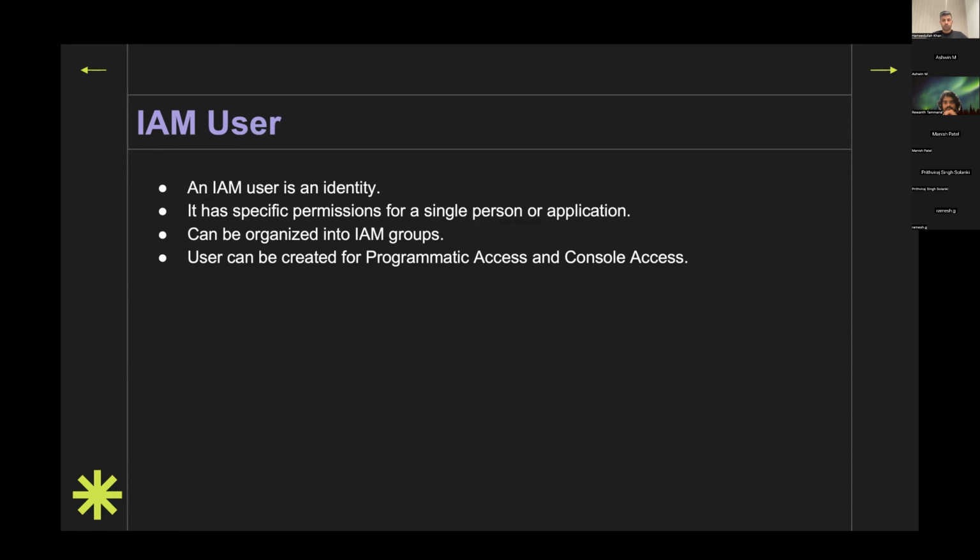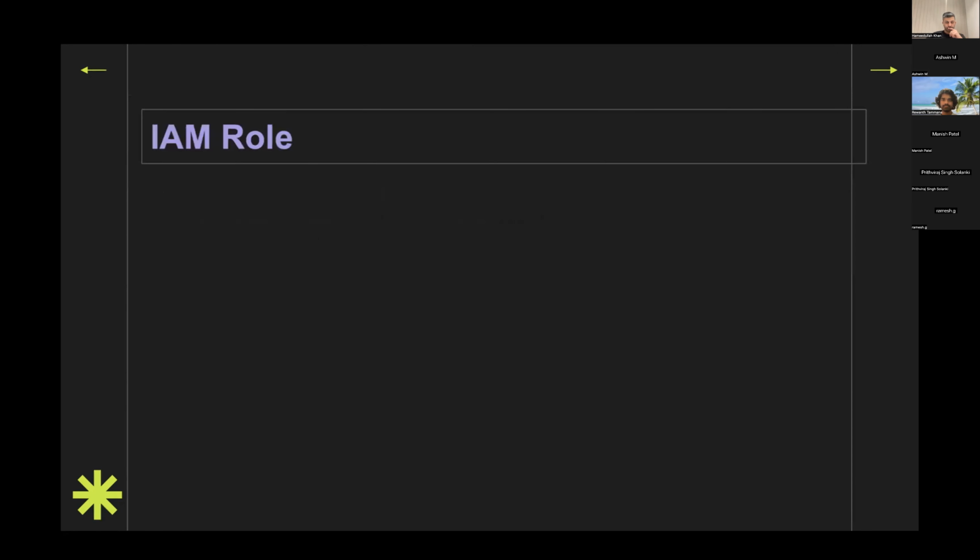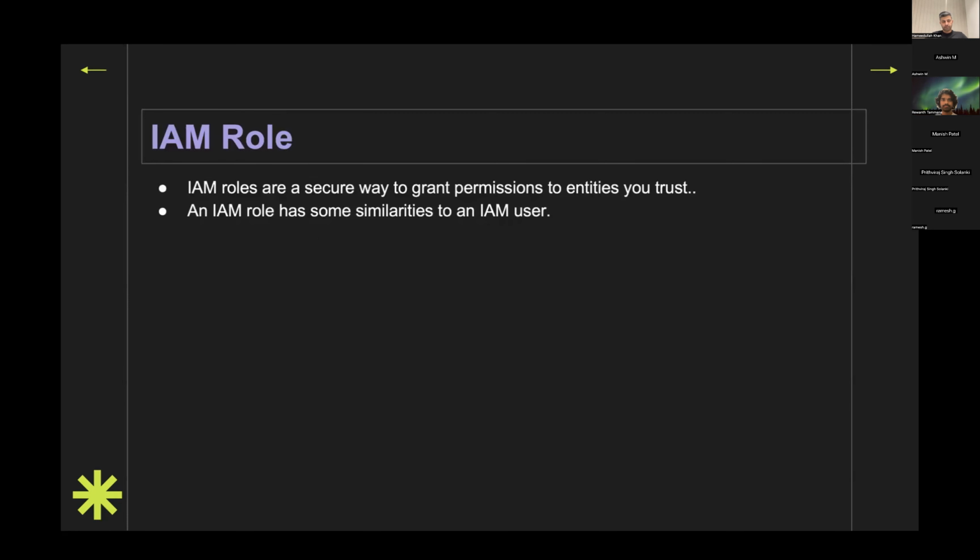Let's say there is a team of developers: you can create one group, put all the users inside that group, and manage permissions at the group level instead of assigning permissions to each user one by one. So that's about it. You can create an IAM user with programmatic access and console access as well.